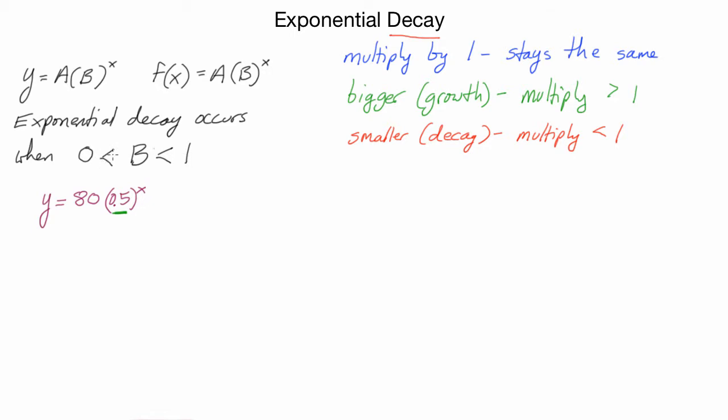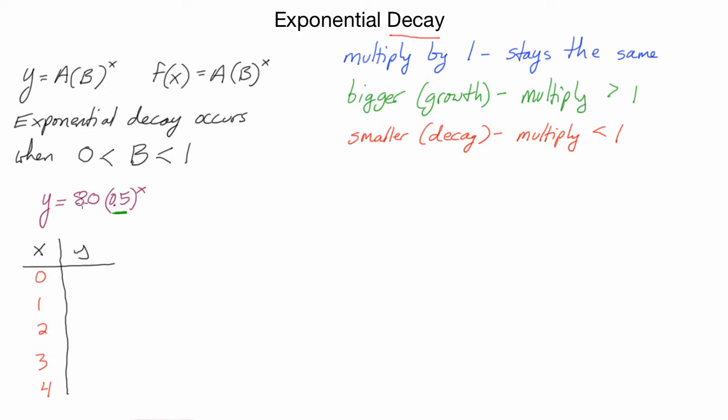That's between 0 and 1. And we're going to see some interesting things. We should see a function that is decreasing. So let's make a little table of values here. So my input value, x, and my y values. We'll do 0, 1, 2, 3, and 4.